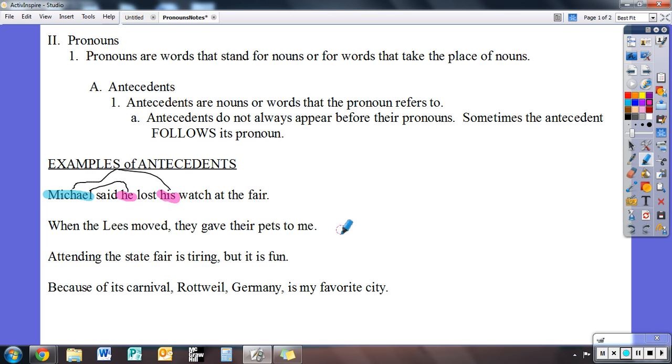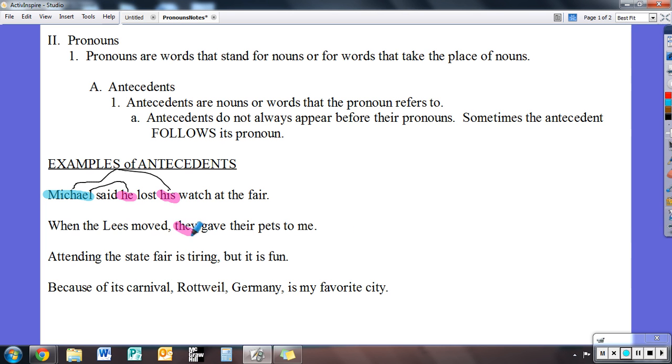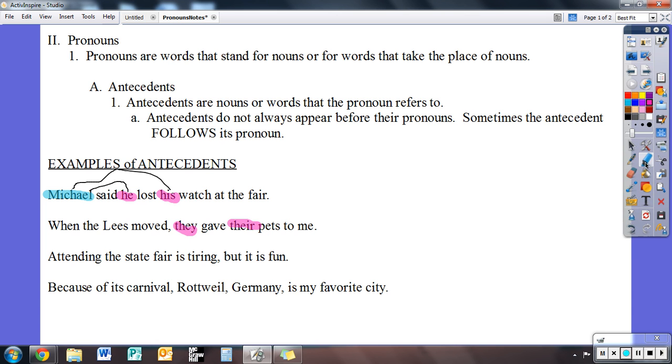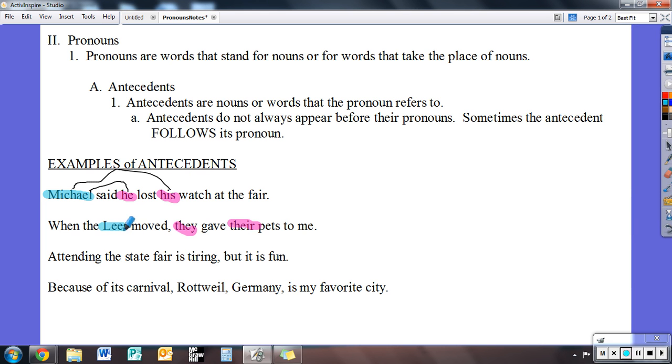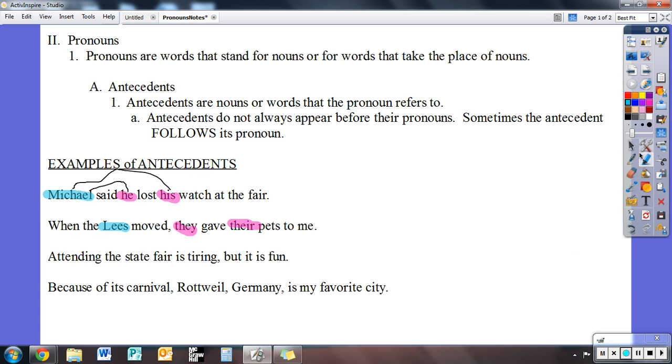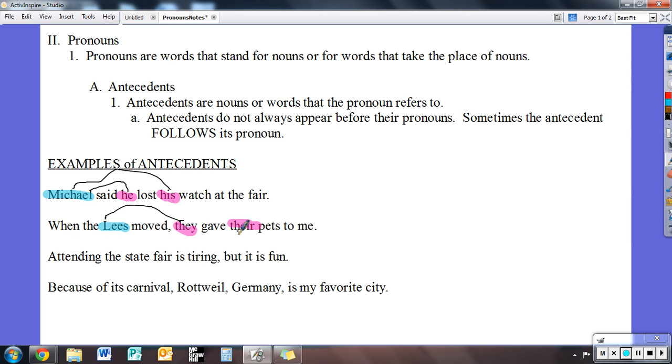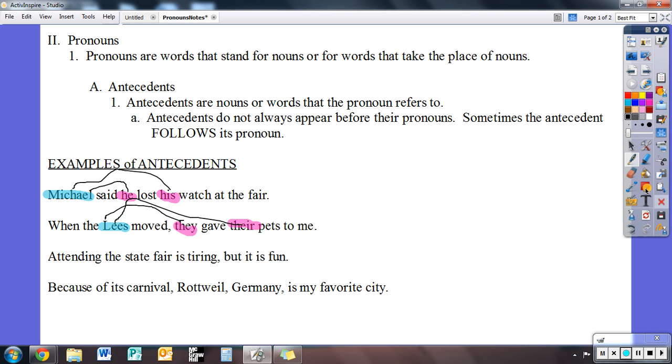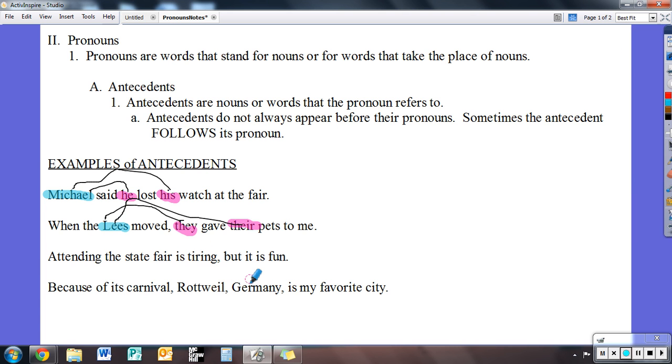Okay, next one. When the Lees moved, they gave their pets to me. So they and their. And who is that referring to? Or what is that referring to? It's referring to Lees. So I'm going to draw the arrow back here to show that the antecedent goes there. Here's the other one. Attending the state fair is tiring, but it is fun.